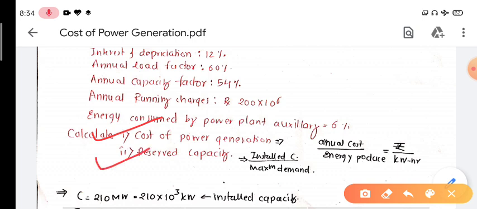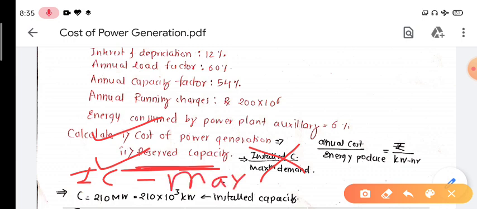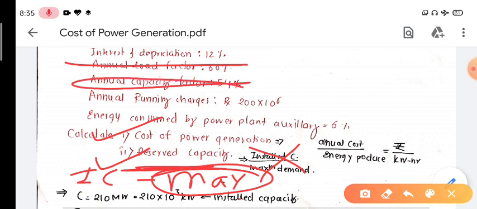In the last lecture we saw how to calculate the reserved capacity. It is installed capacity minus maximum demand. With the help of load factor we can calculate the maximum demand, and with the help of annual capacity factor we can determine the average load.